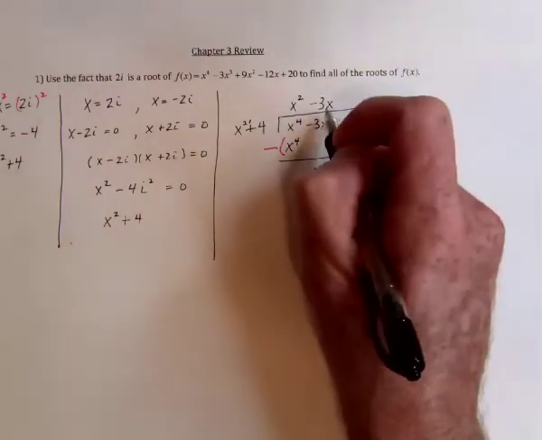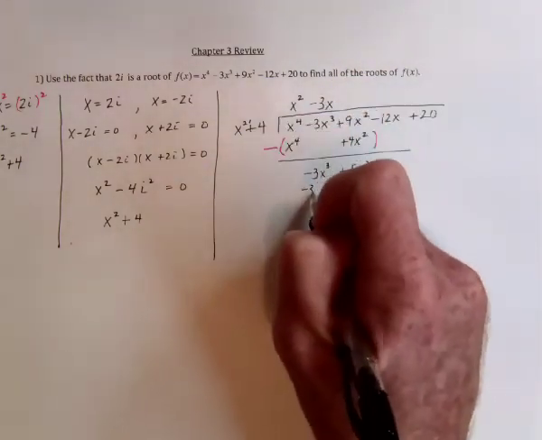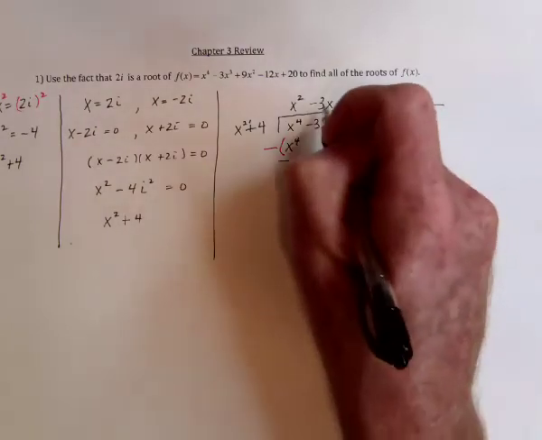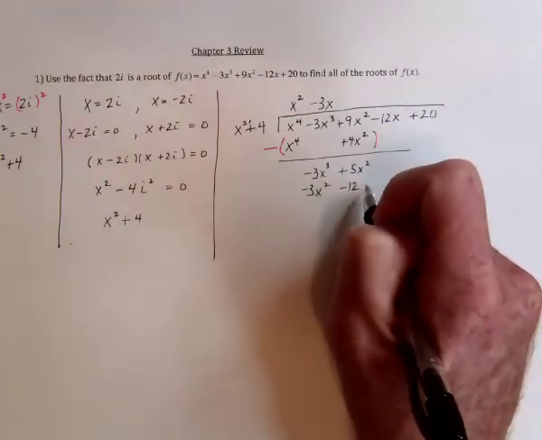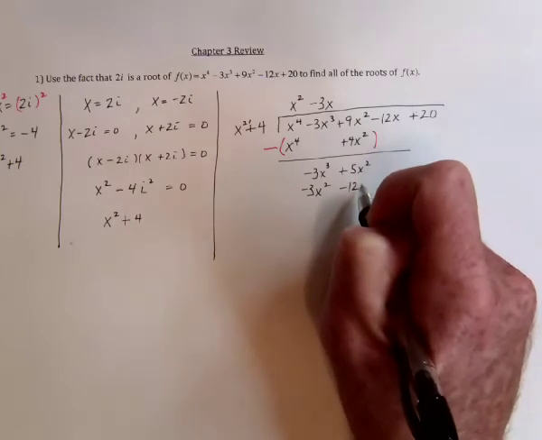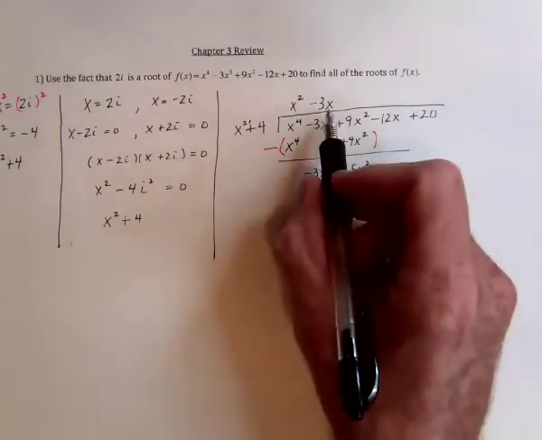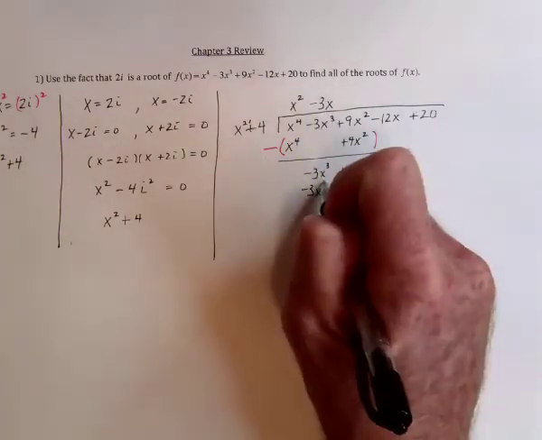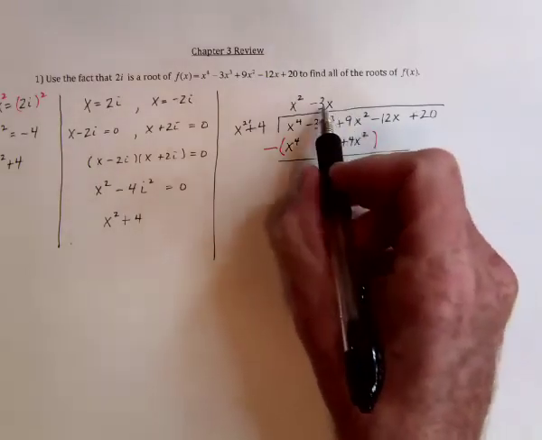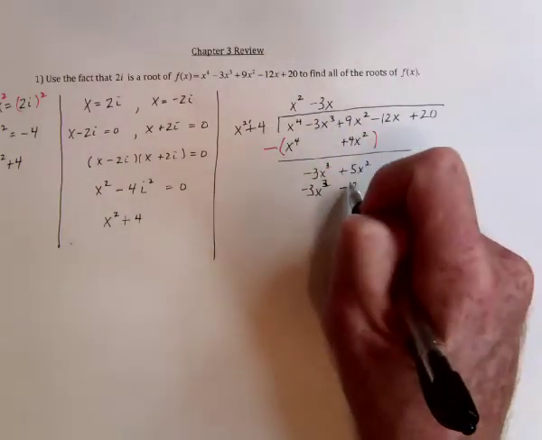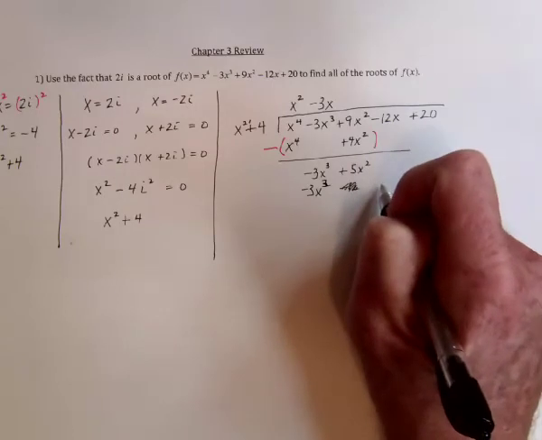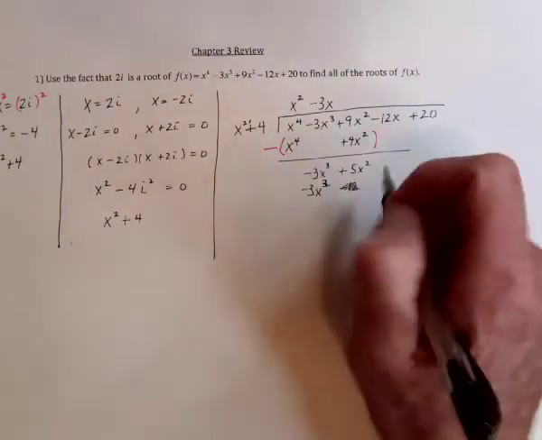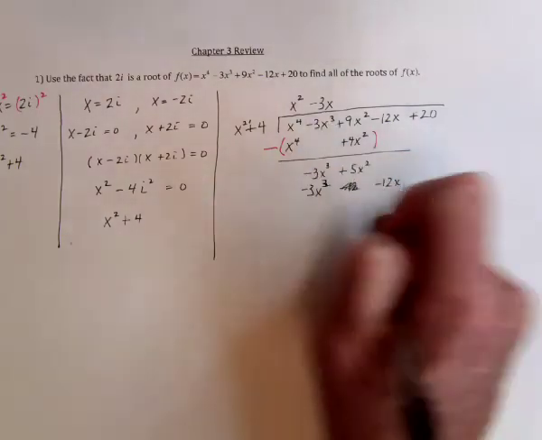And then distribute negative 3x times this is negative 3x squared. And then a negative 12x. Wait a minute. This times this is cubed. And this times this is not a squared term. So I should not line it up there, but I should line it up right here. So this is going to be negative 12x.